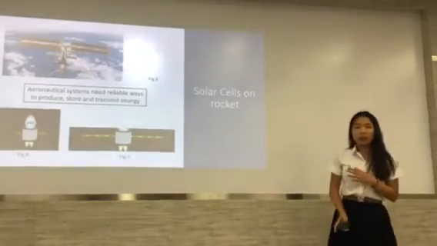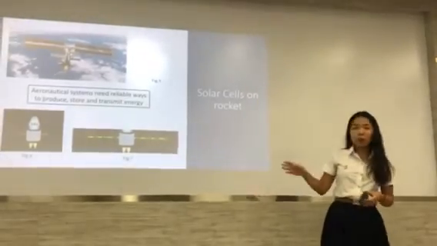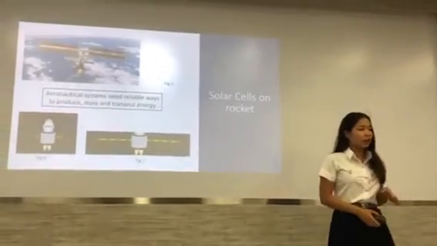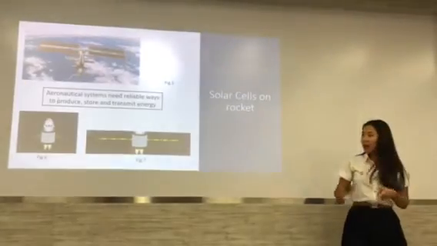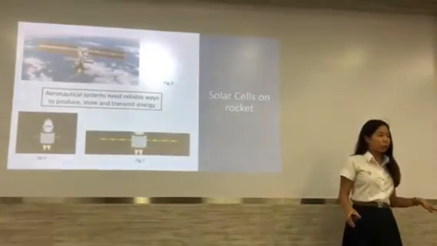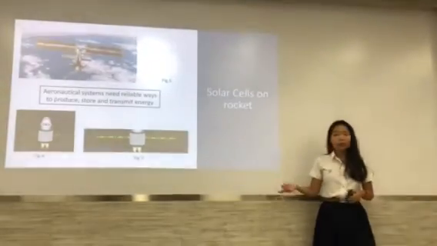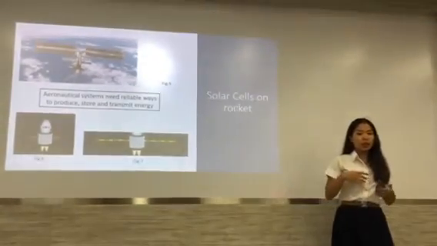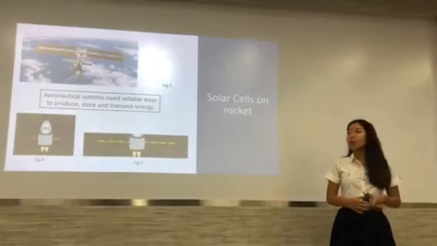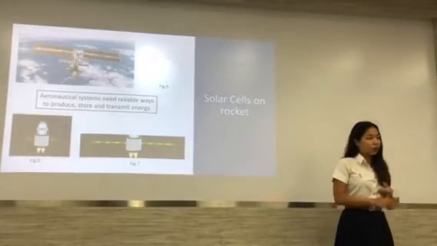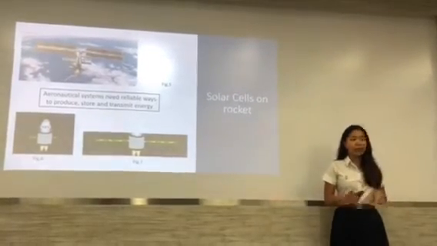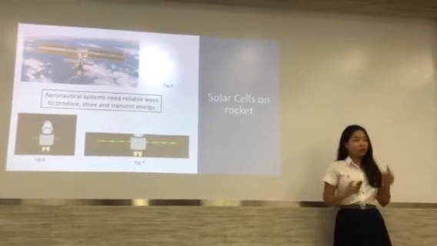And as you see in figure 6, the yellow part is carbon composite. This allows the solar cell to be flexible. And because it is flexible, as you see in figure 7, it can bend, and it is allowed to perform more delicate maneuvers in space.